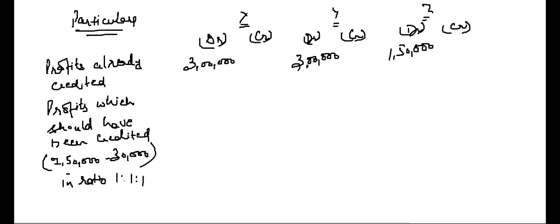Right? That means 7,20,000 is to be distributed in the ratio of 1:1:1. Why? Because the partnership deed is silent as to the profit sharing ratio. Therefore, the profits have to be distributed equally. Right?